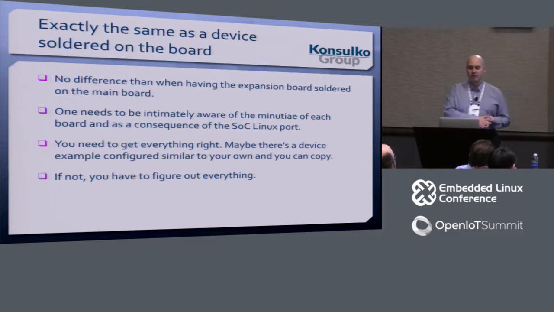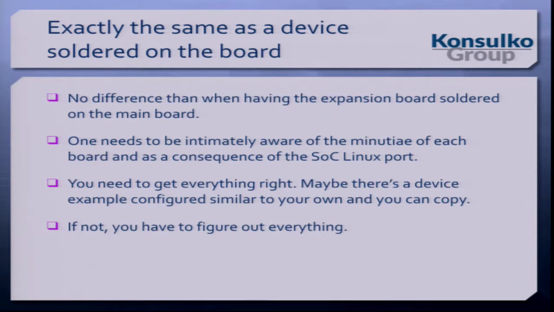So there's absolutely no difference there. That means that you have to be intimately aware of every kind of configuration option you need to get your peripheral to work, even if it's on the expansion board connector. And you need to get everything absolutely right. If you make a mistake, if your pin muxing is not correct, or something that needs detailed knowledge of the SoC port, you're going to have problems.